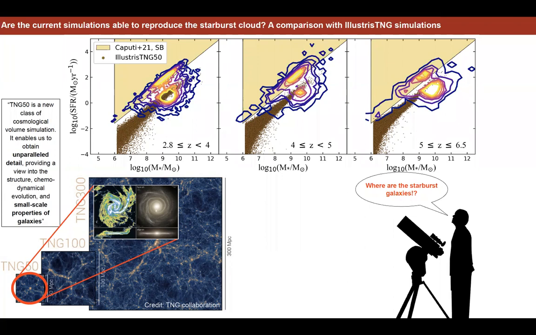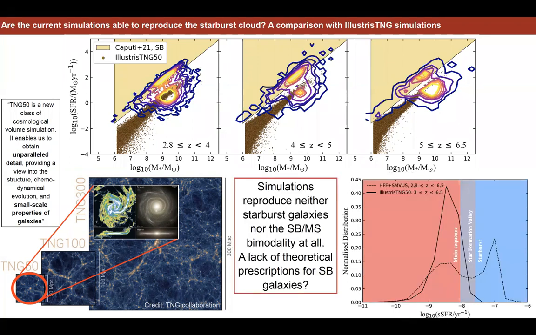So to be sure about our findings, we wanted to estimate the specific star formation rate distribution also for the Illustris galaxies. And here, as you can see on the right side, comparing our observations with the Illustris TNG50 in the same redshift bin, from 3 to 6.5, we can see that the Illustris galaxies are not able to reproduce the starburst galaxies at all.